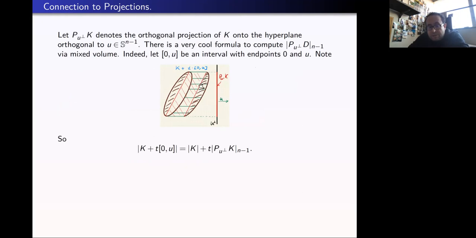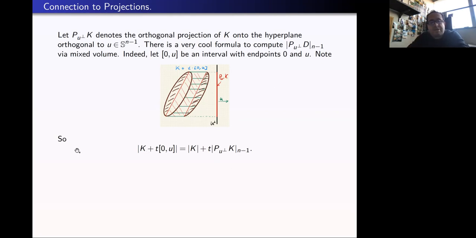So it's K plus T, 0U, but the length of 0U is 1, times the volume of the projection. So that's what you can write.